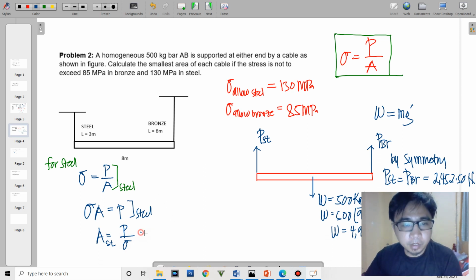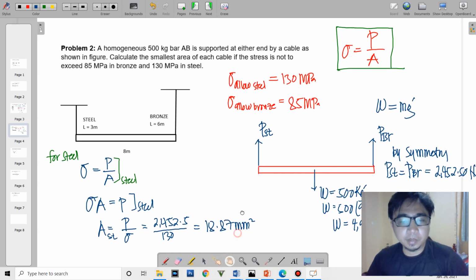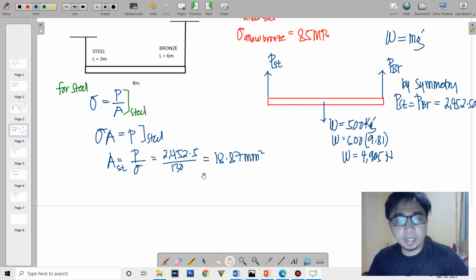And by this we have 2,452.5 all over the allowable for steel, which is 130. So we will have 18.87 square millimeters for steel.